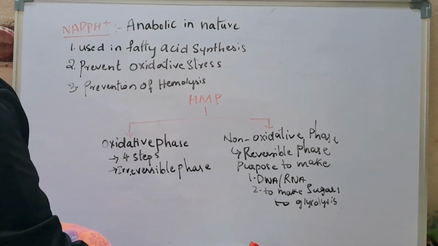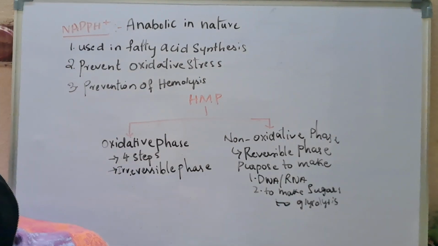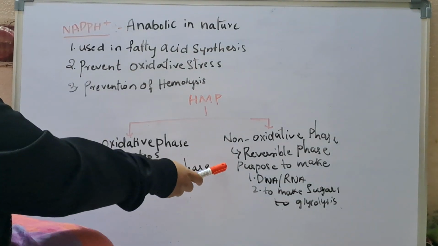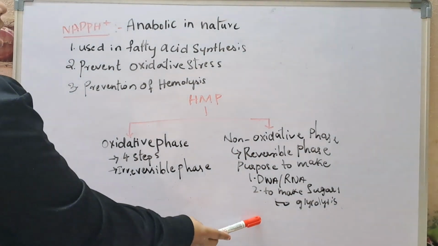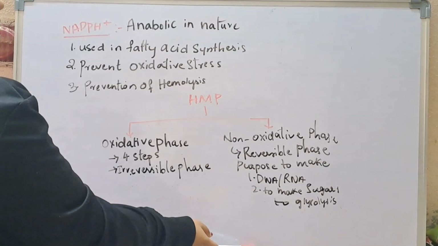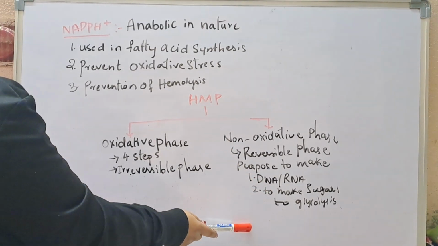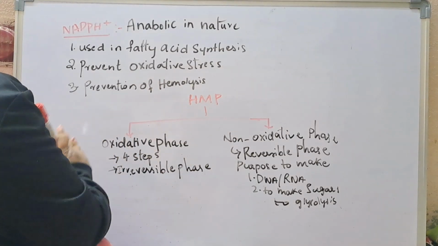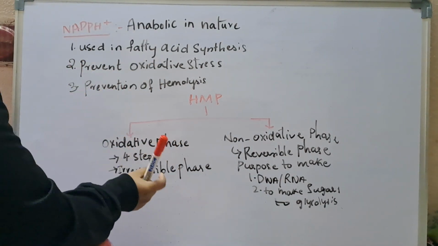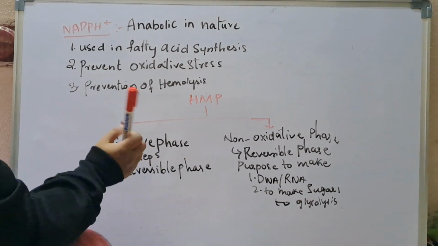So this fructose 6-phosphate is the end of the HMP pathway and the start of glycolysis. That's why in the non-oxidative phase we convert ribulose 5-phosphate toward glycolysis. That's why I started with the HMP pathway first, and then I'll directly write the pathway for glycolysis.